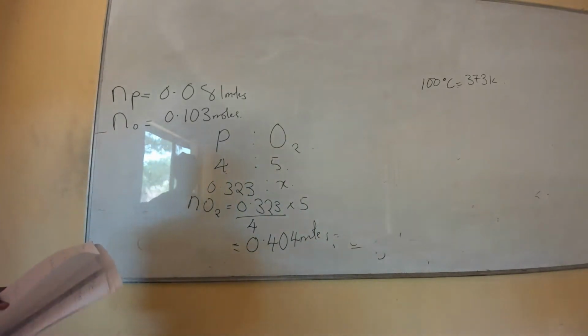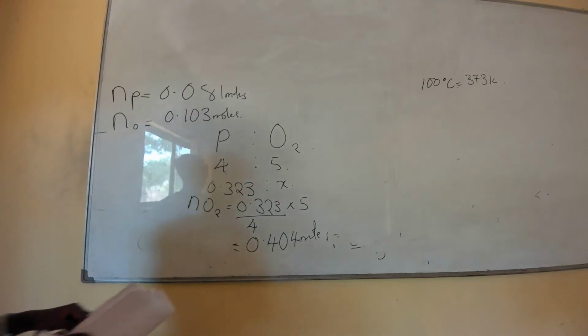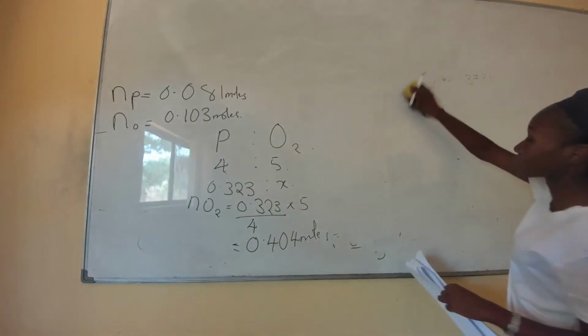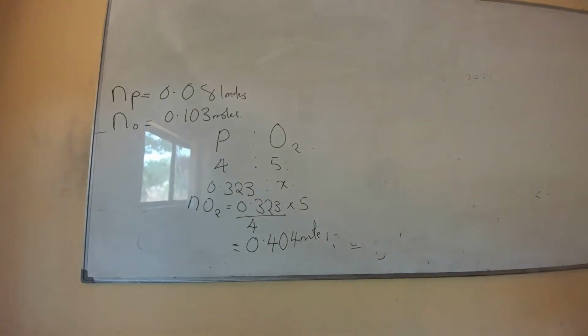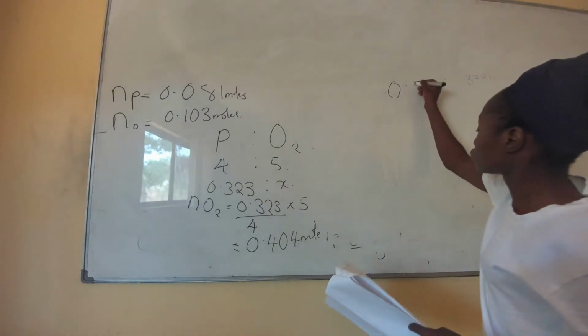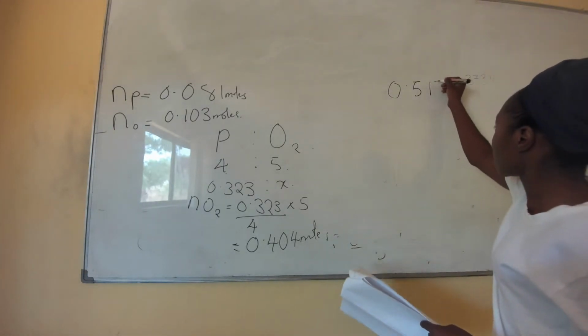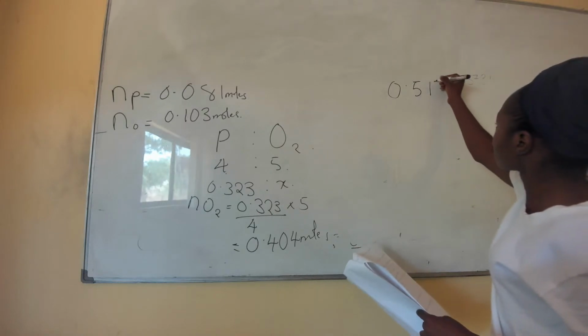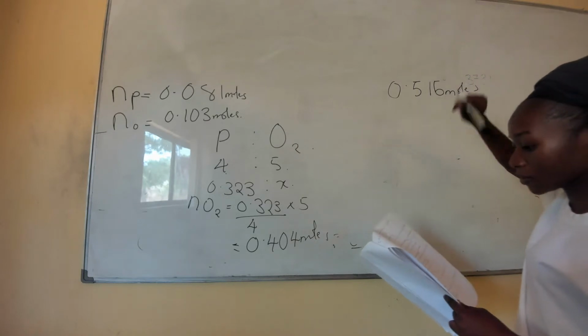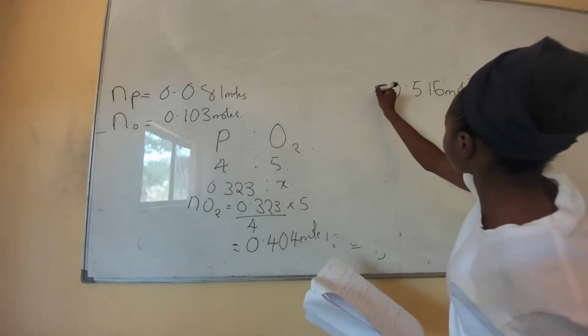So if we found the number of moles of oxygen that reacted, this is now where we can simply subtract. Remember, we had our total number of moles as 0.516 moles. This was the total number of moles of oxygen.